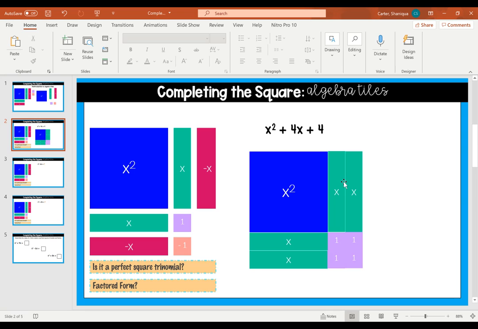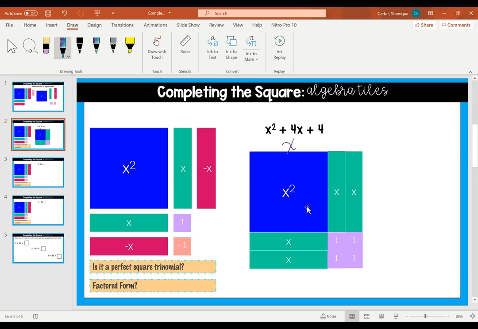Let's take what we know about a square. Well, what are the side lengths of this big old square that I've concocted over here? Well, I know that this blue x squared has a side length of x. I say it has a side length of x because see how perfectly it fits right there? Even if I take it the long way, it still fits perfectly. So it has a side length of x.